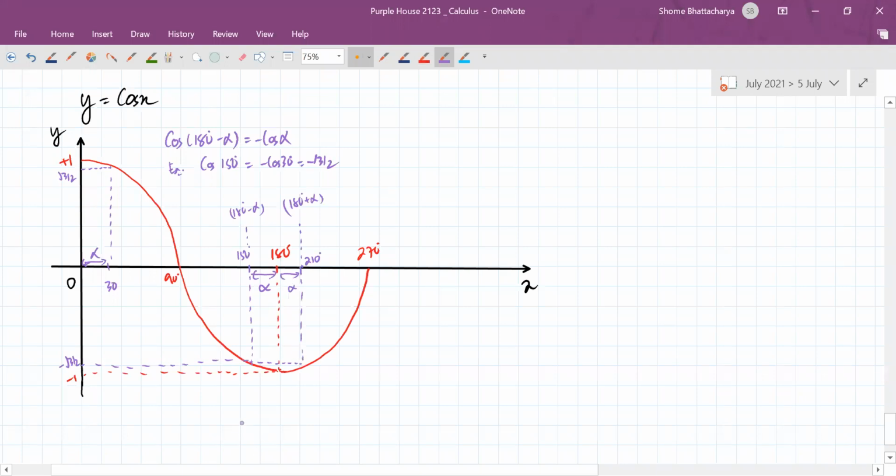So we have the additional formula that cos of 180 plus alpha is actually the same thing as minus cos alpha, which by the same way is the same thing as cos of 180 minus alpha. So ultimately, cos of 210 has the same value as cos 150, which is nothing but minus cos 30 or minus √3/2.